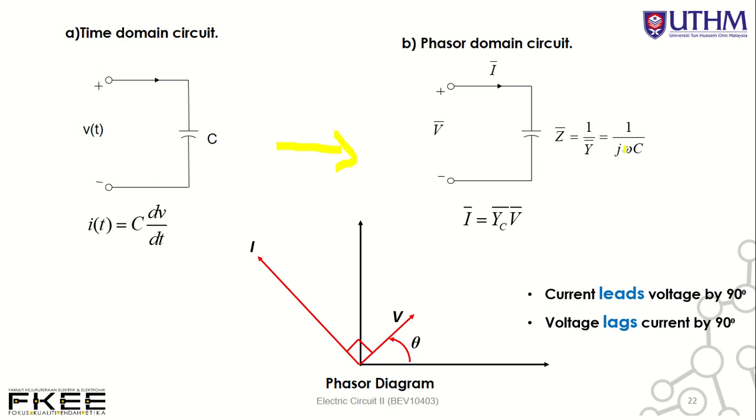equal to 1 over j omega C, or the same if we write 1 over j XC, or equal to minus j XC.